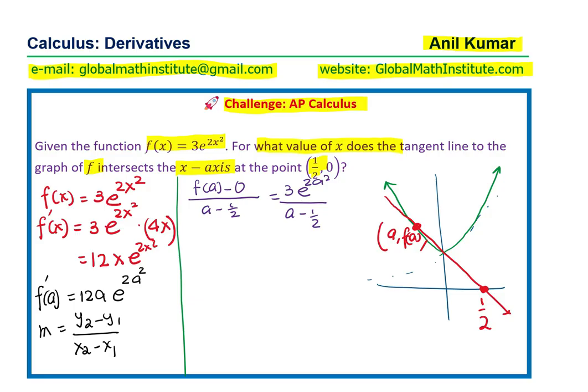Now this slope should be the same as what we figured out, which is 12a e to the power of 2a squared. Makes sense, right?